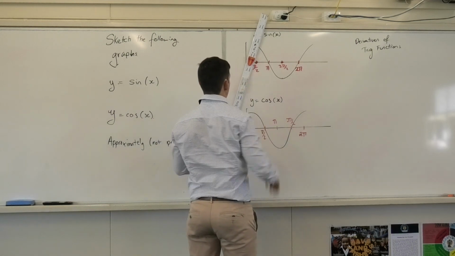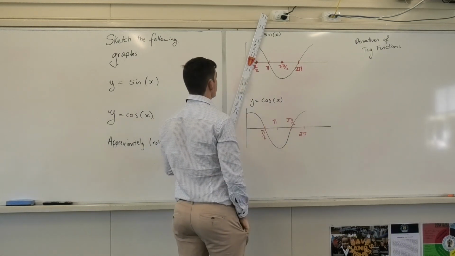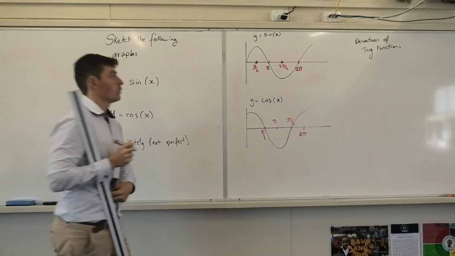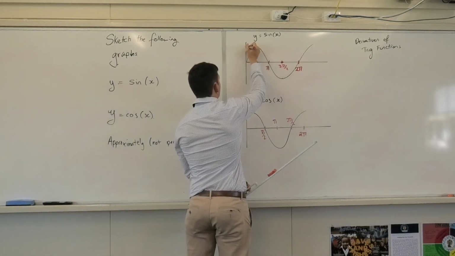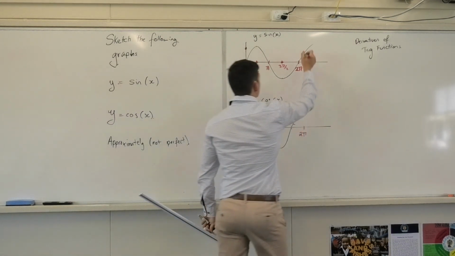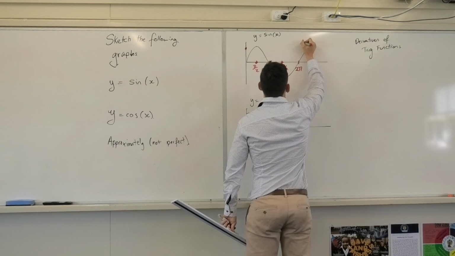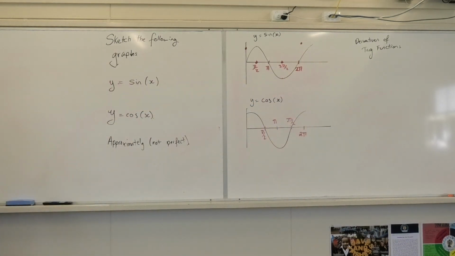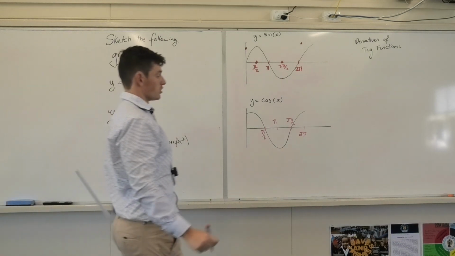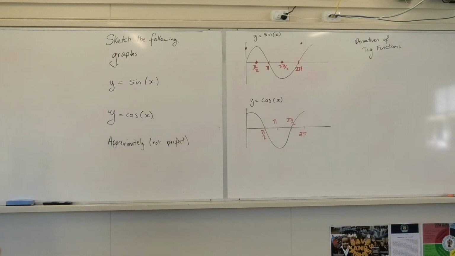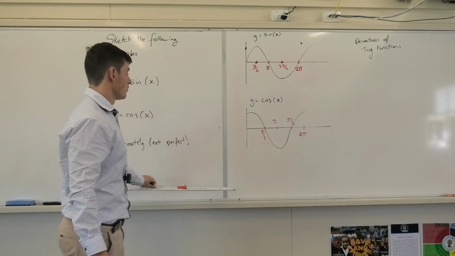Yep. Does it happen anywhere else? Yeah, so 2 pi. So, in line with your highest value, put a dot at 0 on your sine graph, and you said 2 pi? Yep. A dot at this point here. For your cos graph, I haven't filled it out, I'll leave that up for you. I want you to do the same thing, but try and find the highest point. I'll fill that out afterwards because I don't want to give away too many secrets.